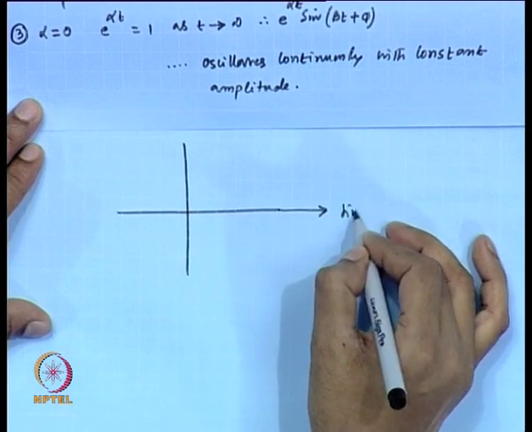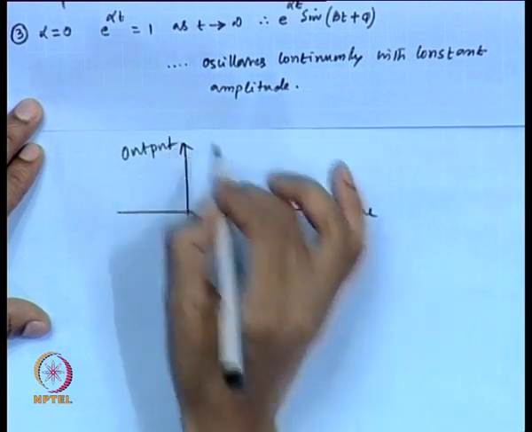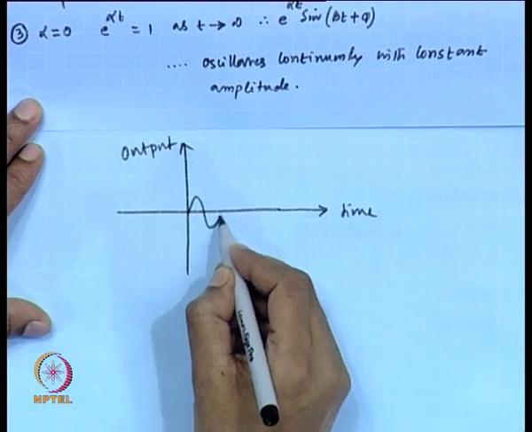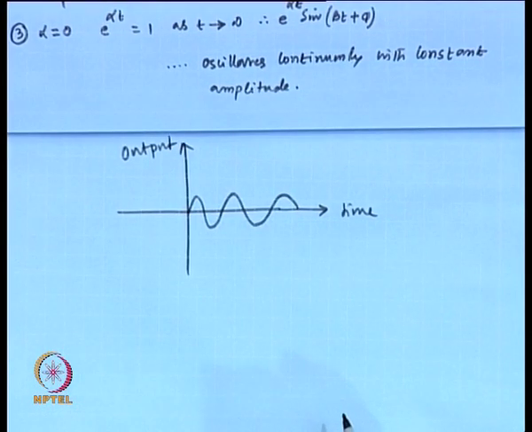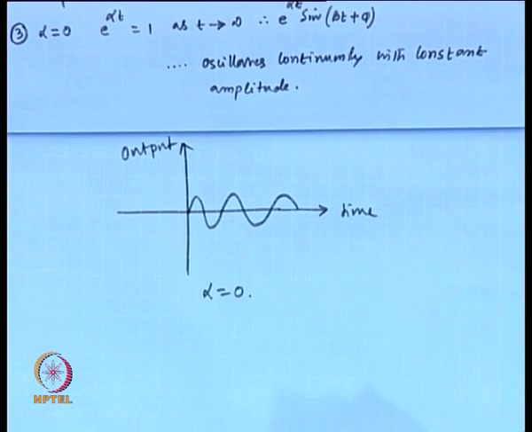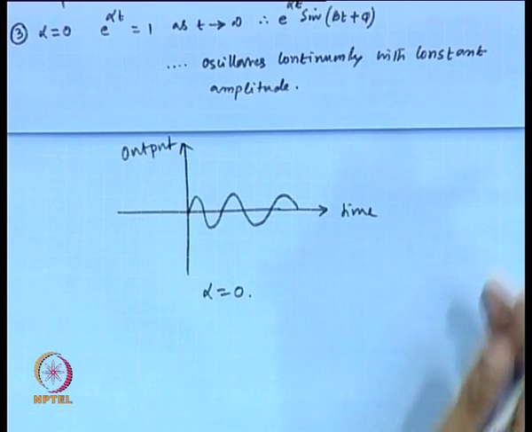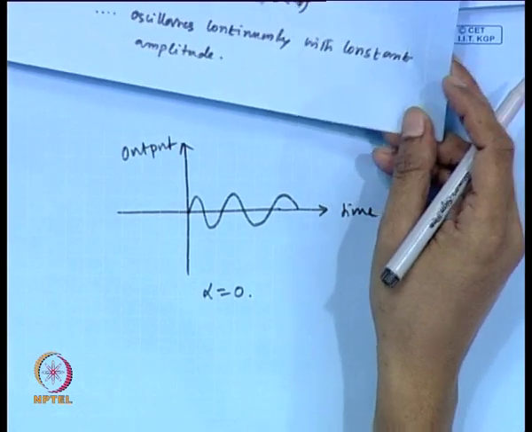This is time, this is output, like this. This is the case for alpha equal to 0. So, we have considered 3 different cases.